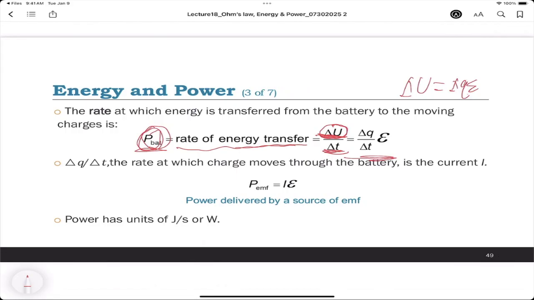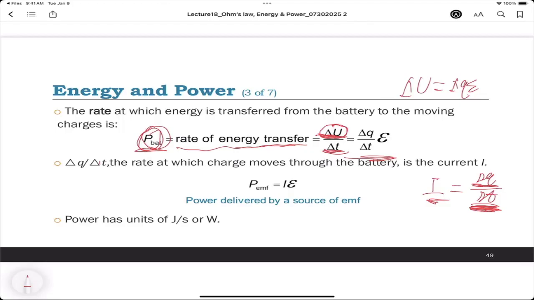Okay, and here delta Q divided by delta t, the rate at which charge moves through the battery, is the current I. We talked about this at the beginning of the last class: I equals delta Q divided by delta t. If you know the charge change in a unit time, you can get the current.